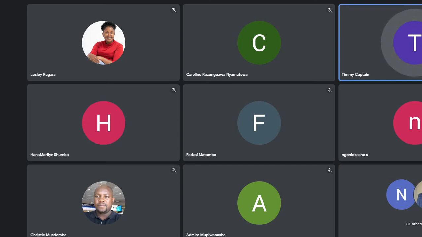Then it also helps in setting up a theoretical framework. It is the base for developing a theoretical framework, by understanding other frameworks that have been used regarding the particular area you are working on.